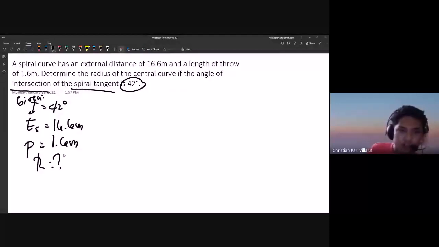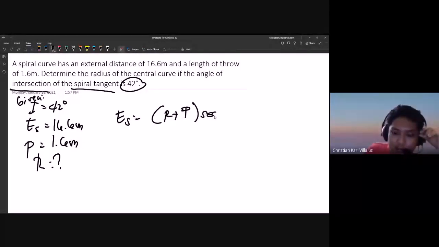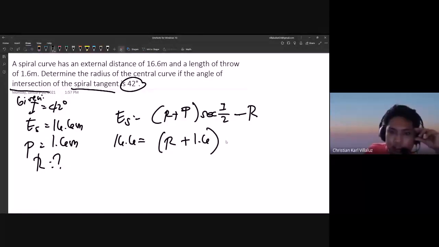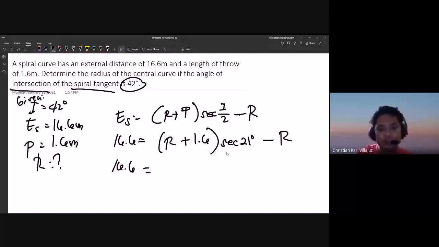Okay. So from the formula of external distance, E equals R plus P, secant I over 2 minus R. We have here 16.6 equals to R plus 1.6 secant of 21 degrees, which is half of 42 degrees, minus R. So 16.6 is equals to secant of 21 is 1 over cosine of 21, 1.07.